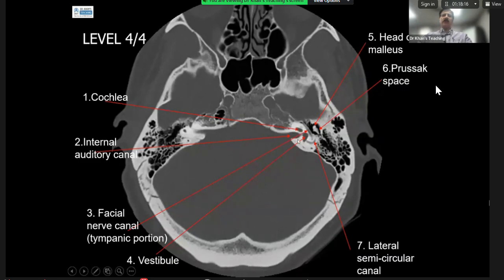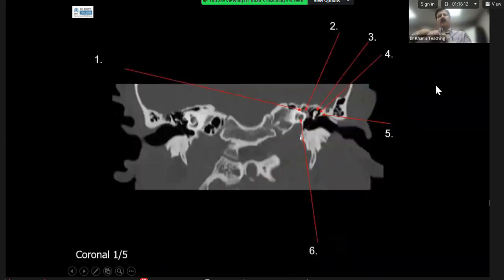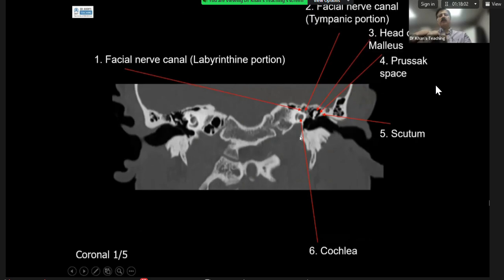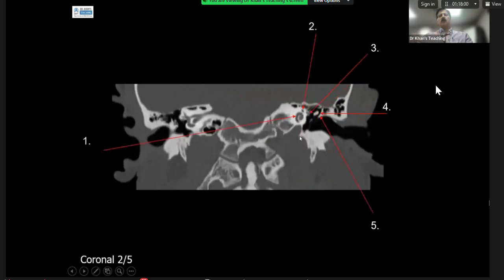This is the internal ear. This is the vestibule. Right. So on a coronal, this one. What is number 1?